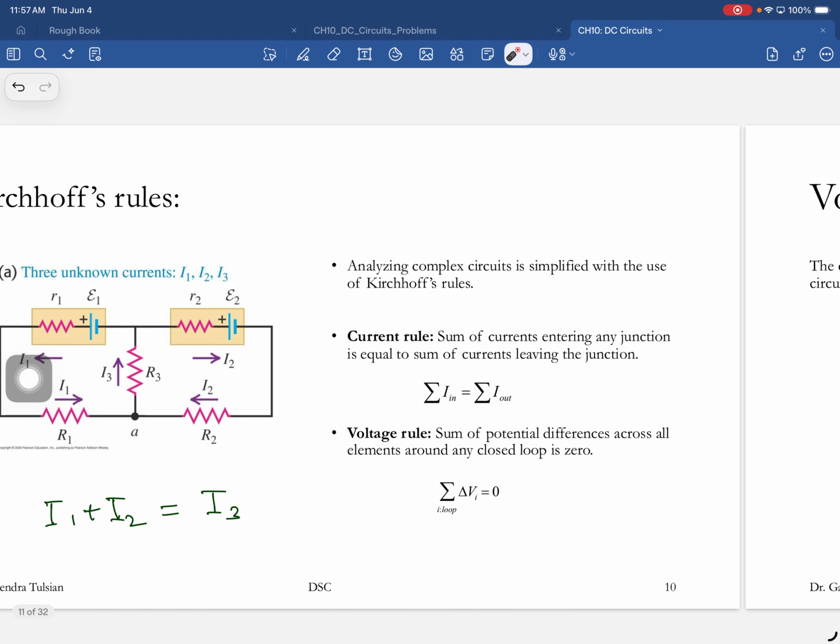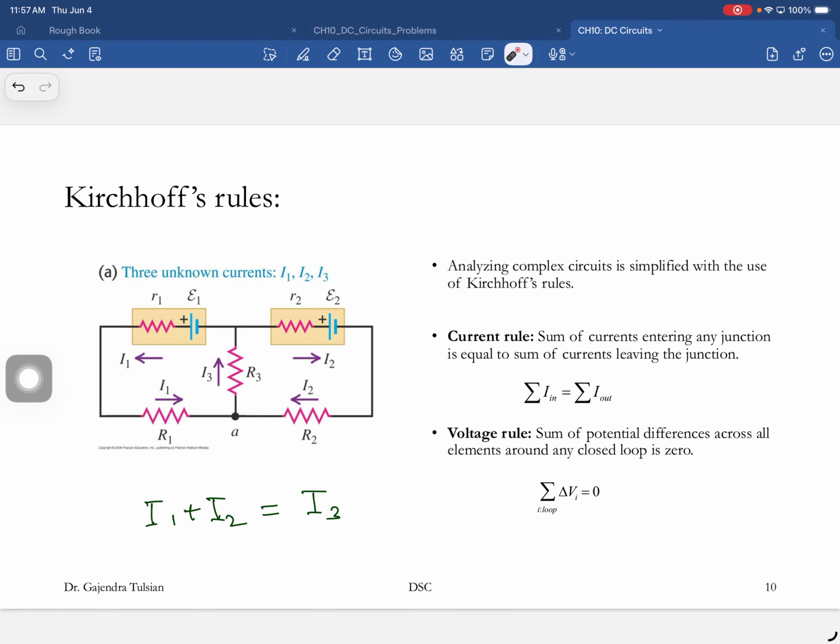Now, which way does water flow? With gravity, downhill. Current flows in a direction in which voltage decreases.